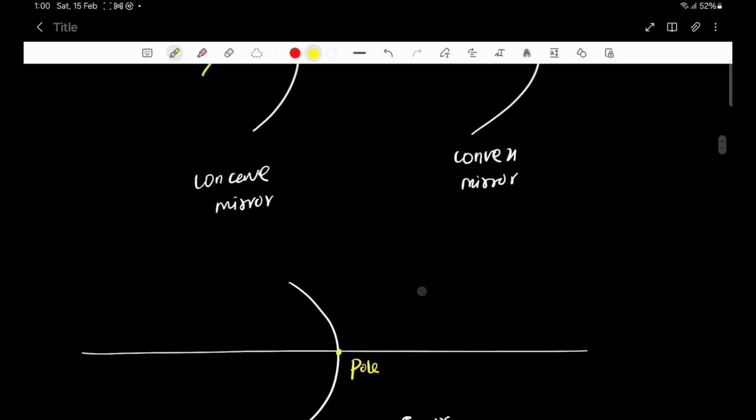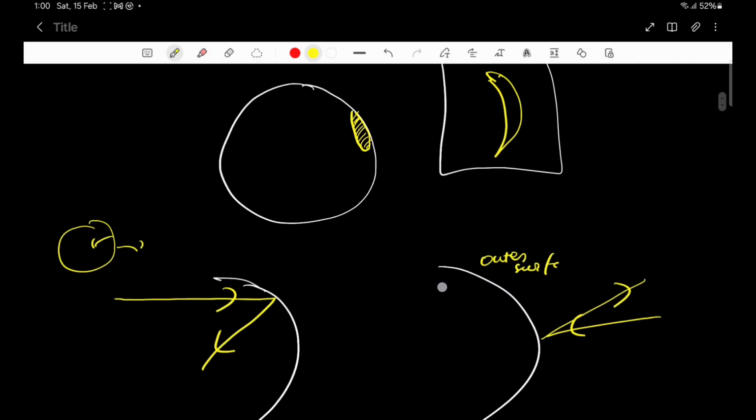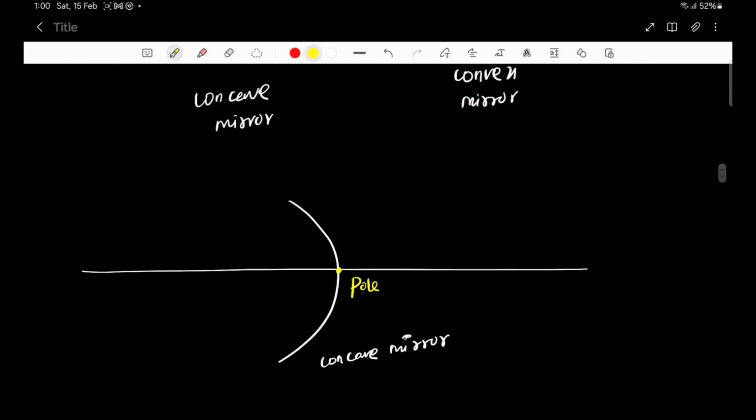Similarly, as I already told you before, concave or convex mirrors resemble the removed portions cut down from some huge sphere, a huge reflective surface. In that case, if you imaginarily extend this curvature, it could form a larger sphere.